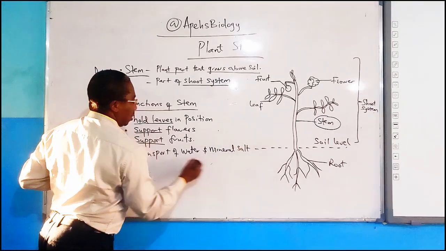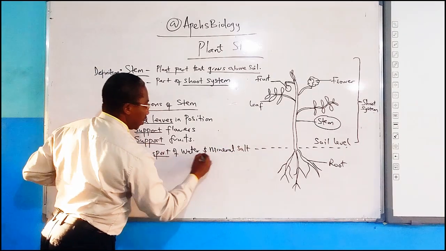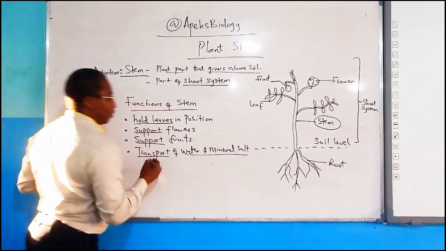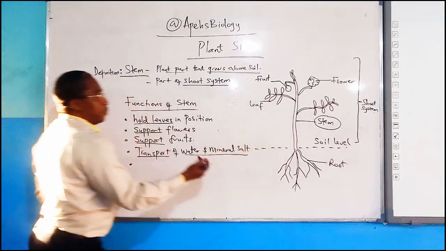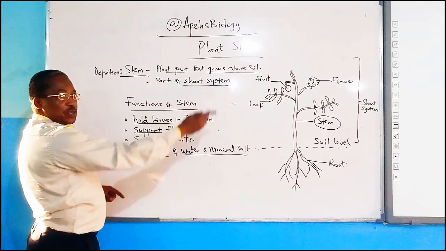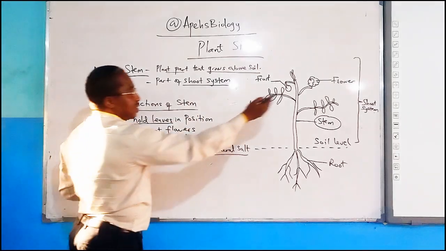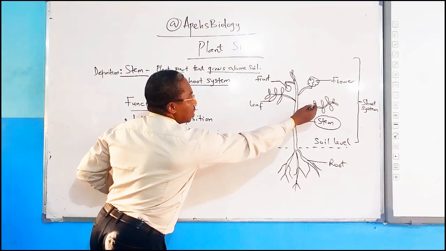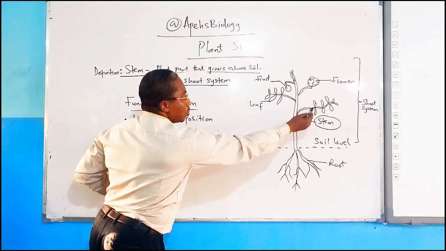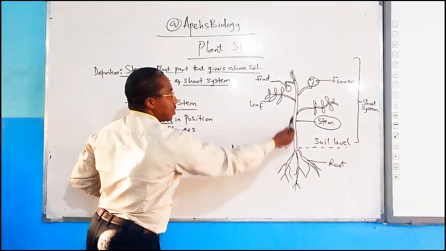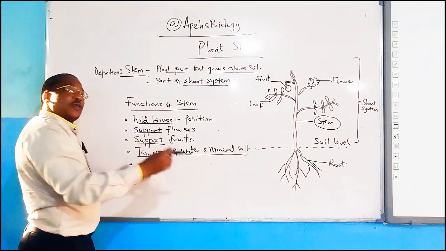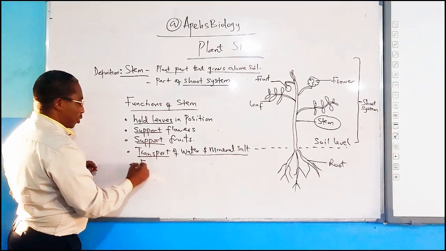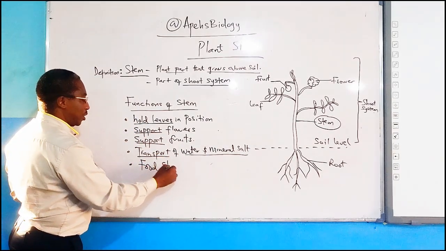And because the leaves carry out photosynthesis, they contain glucose, and this glucose is transported through the vascular tissues in the stem. That means the stem can be used as an organ for food storage. So another function of the stem is food storage.